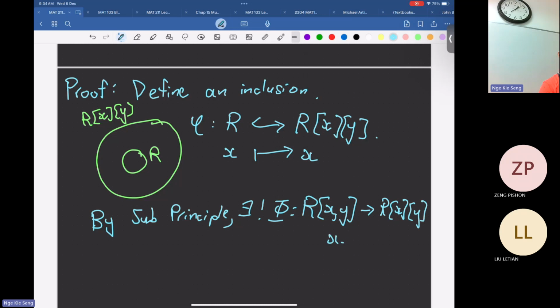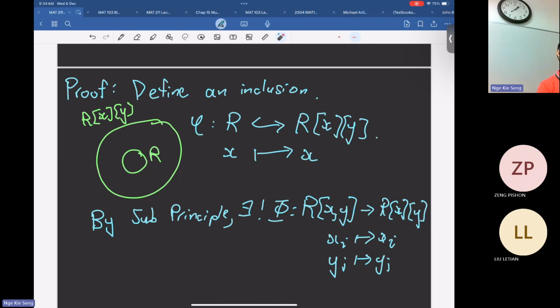We just send xi to xi, yj to yj. Nothing special. Because xi and yj are still in R adjoin x adjoin y. And then by the substitution principle, you get this homomorphism.